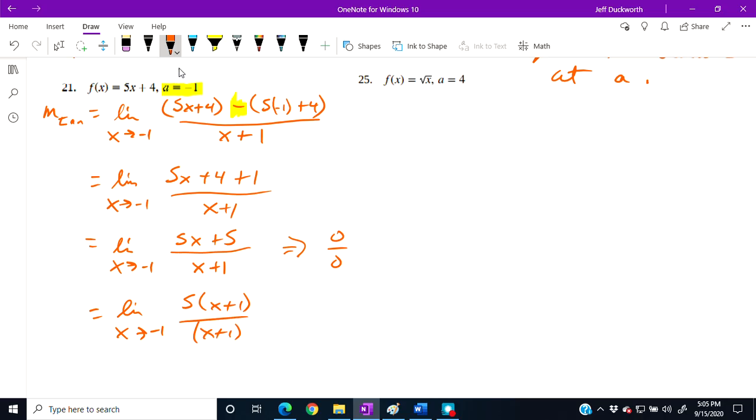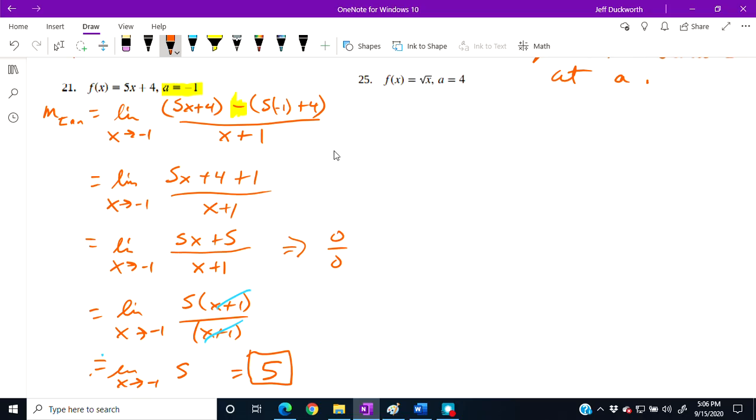I'm going to put that in parentheses. We can then cross these out. And so we just have the limit as x approaches -1 of the constant function 5, and the limit of a constant function is the same, so that's 5. And that's how we're going to solve these, hopefully without the mistakes.